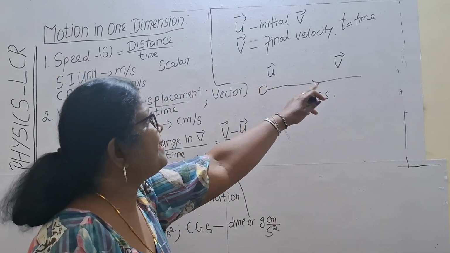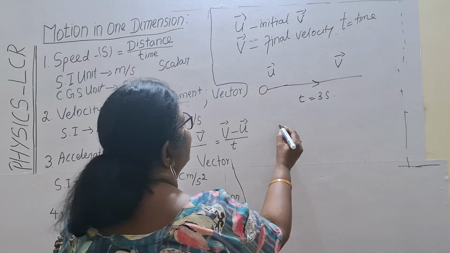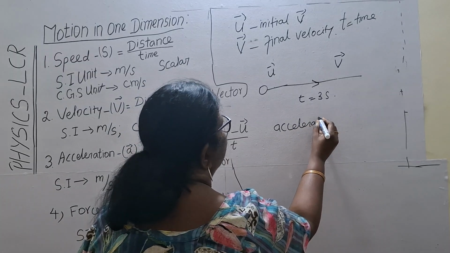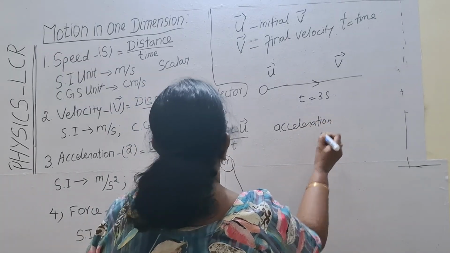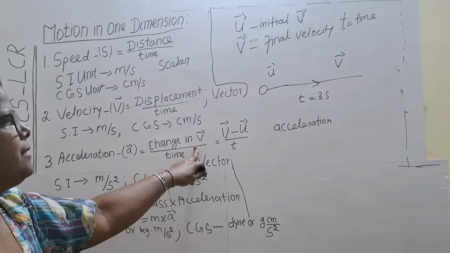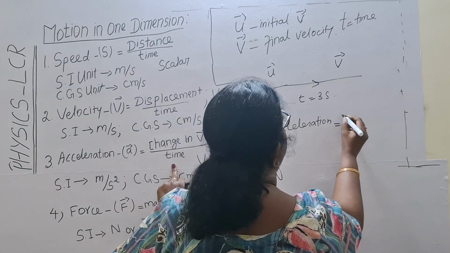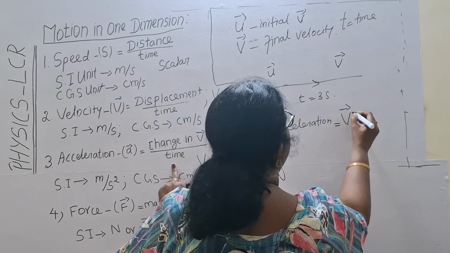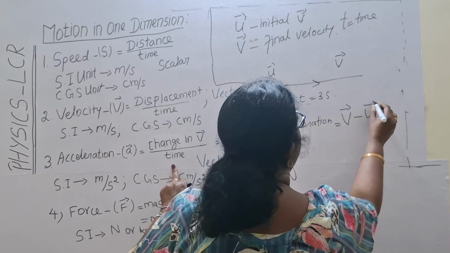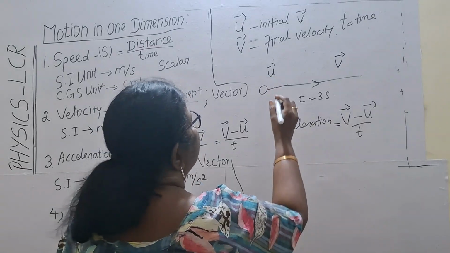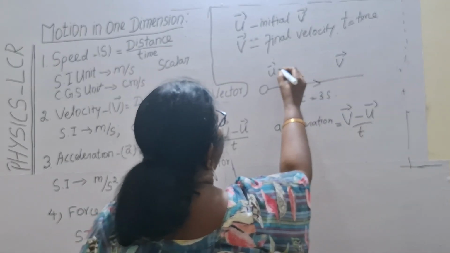So what is acceleration? It is change in velocity by time. Final velocity minus initial velocity by time. So here find the initial velocity and final velocity.